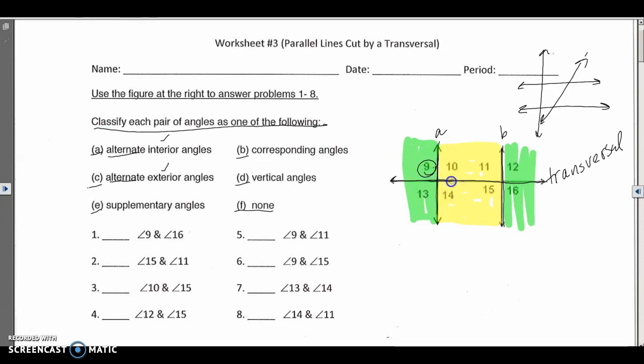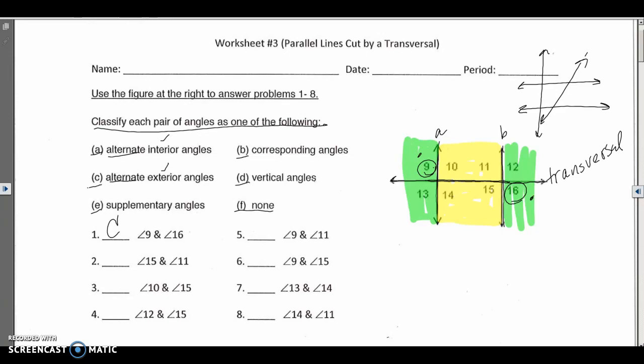If I travel along the transversal to the other exterior and do the alternate side, angle 12 is on the same side, but angle 16 is on the other, or alternate, side. That means they are alternate exterior angles. That's letter choice C. I'm going to put that in at number 1, because that's angle 9 and angle 16 and their angle relationship.